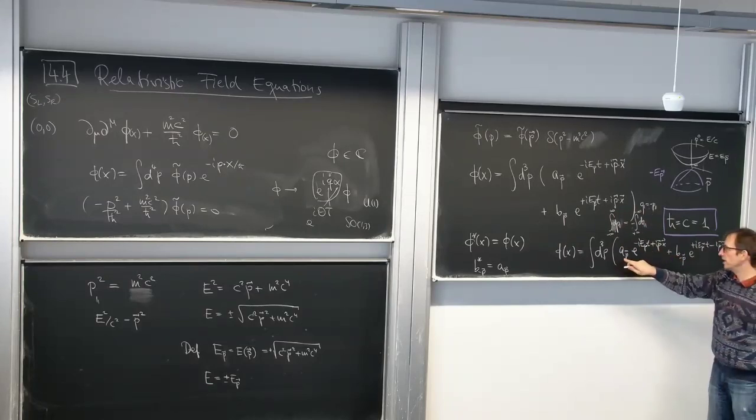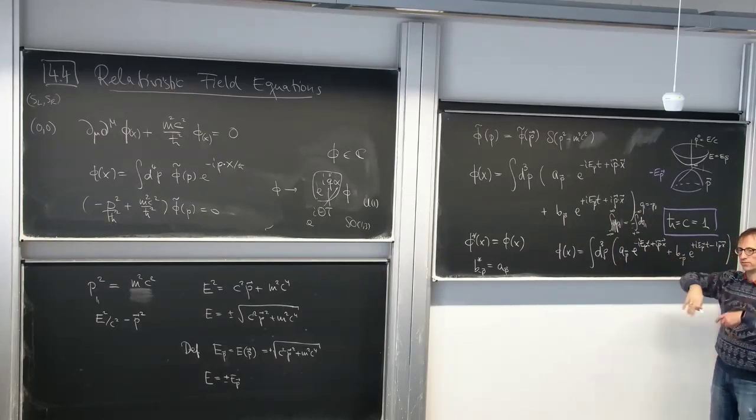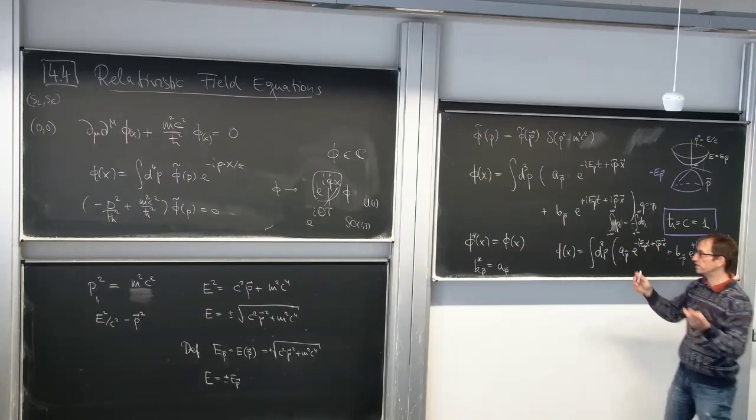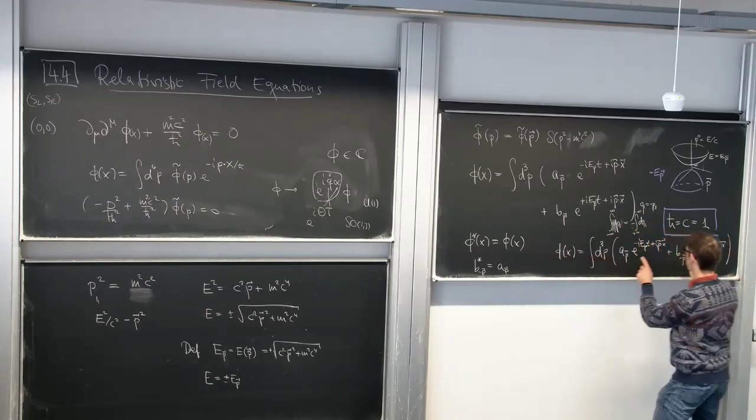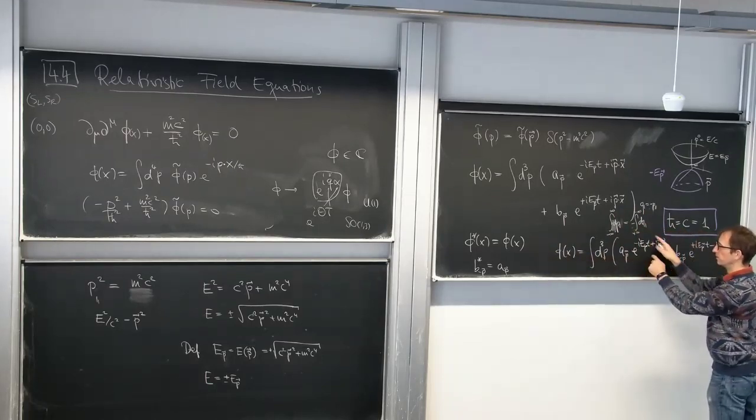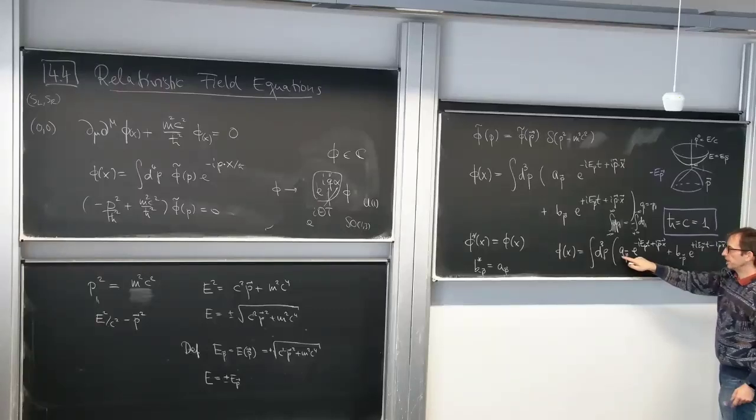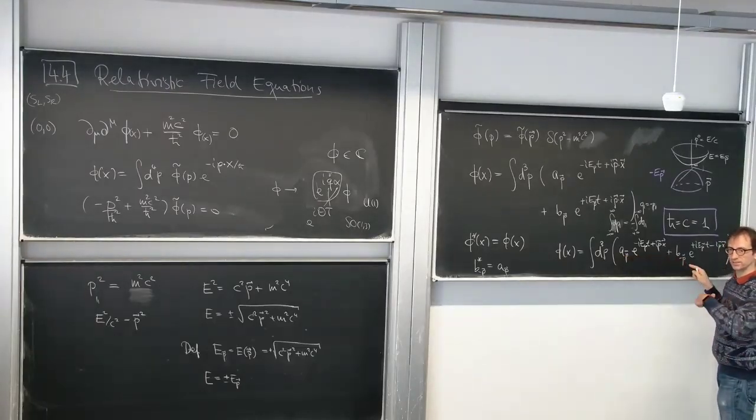So if it's a real field, then these are related, and you only have one type of thing that you create and annihilate with the oscillators. If this is a complex field, you don't have this relation, and then you have one term that creates a particle and the other one that creates an antiparticle, more or less.